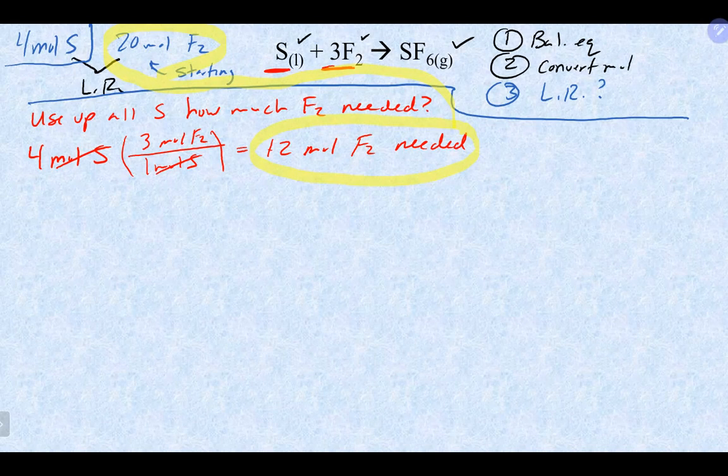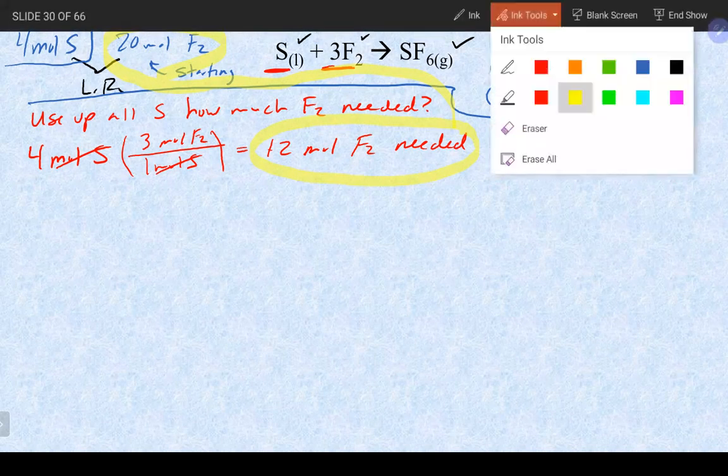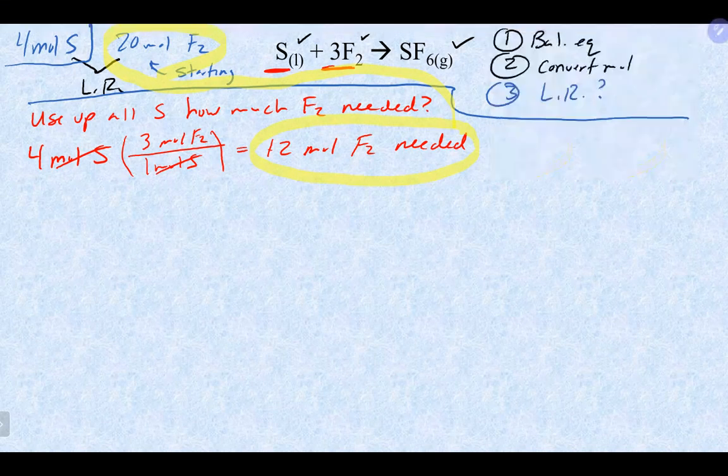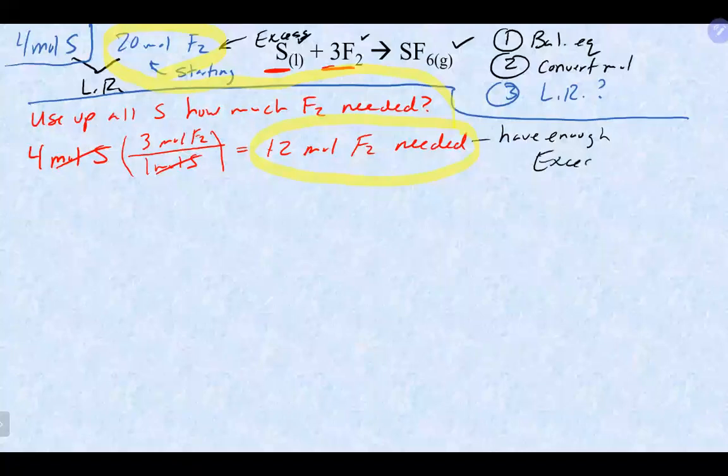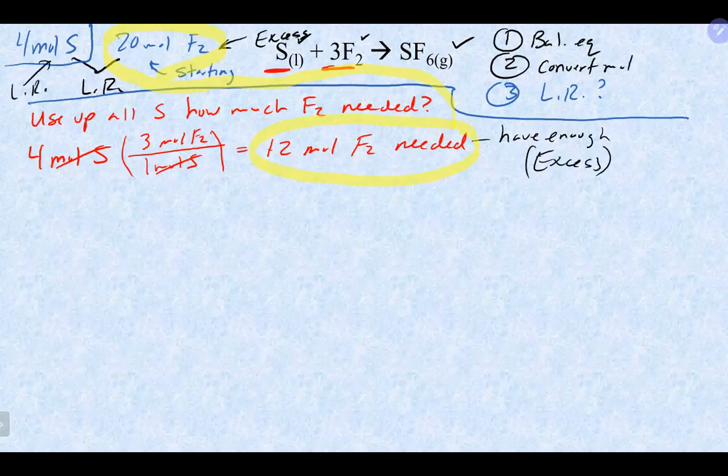I do have enough, right? 20 is bigger than 12. So what this calculation told us was that I have enough. Because I have enough, the F2 here is my excess reagent. And by default, that means the sulfur in this reaction is my limiting reagent.